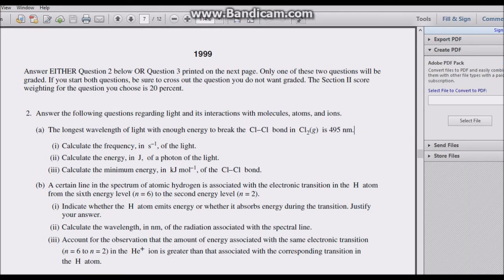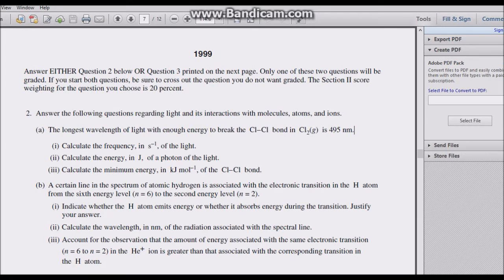For number 2a, the longest wavelength of light with enough energy to break the CO bond in CO2 is 495 nanometers. So first, we need to calculate the frequency in s-1, also known as Hertz.